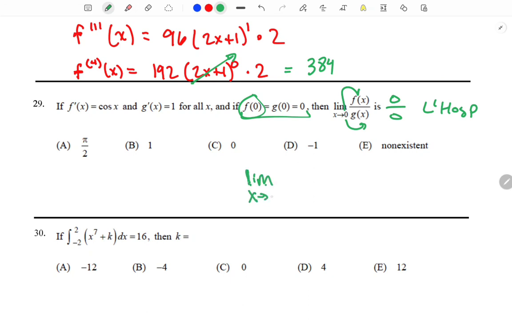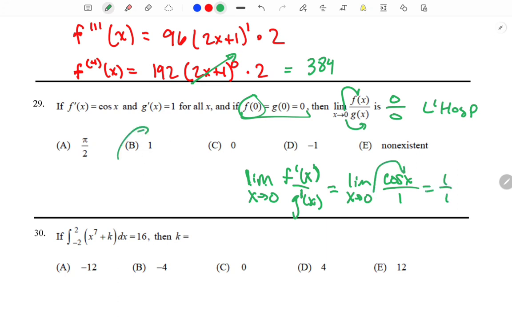So we're going to get the limit as x approaches 0 of f prime of x over g prime of x. And f prime of x was cosine of x, so this is the limit as x approaches 0 of cosine of x over g prime of x, which was 1. Well, cosine of 0 is 1, so our answer is 1.